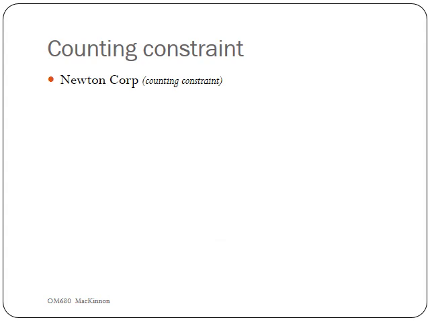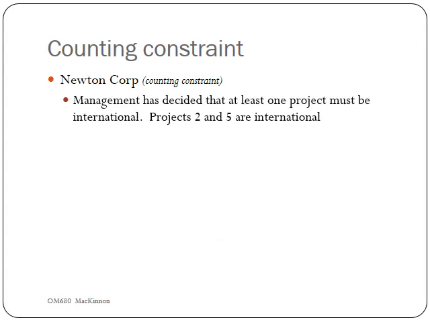Now, suppose management has decided that at least one project must be international. Projects 2 and 5 are international. So either project 2 or project 5 has to be included in the mix.